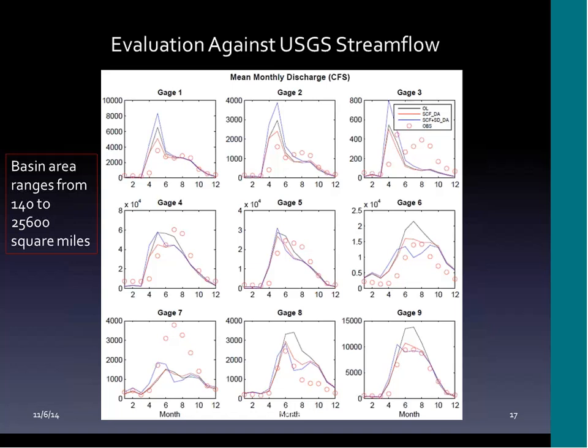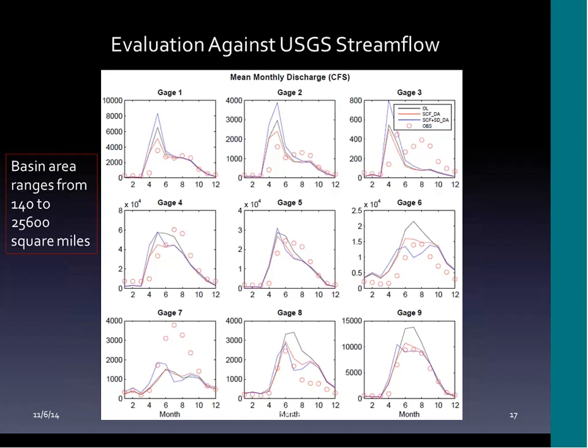When we add the snow cover and snow depth estimation, we see some improvement in some basins, but not often. We can forget about this one because it's a glacier-driven basin that our model doesn't really account for glaciers. So data assimilation won't change anything there.